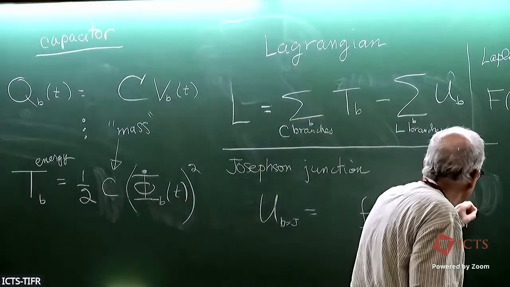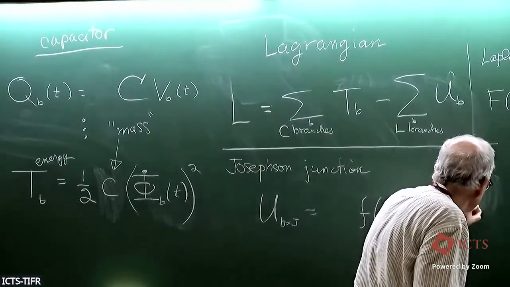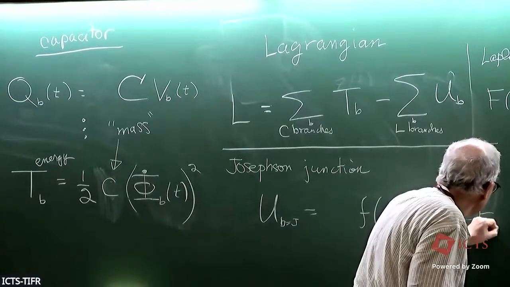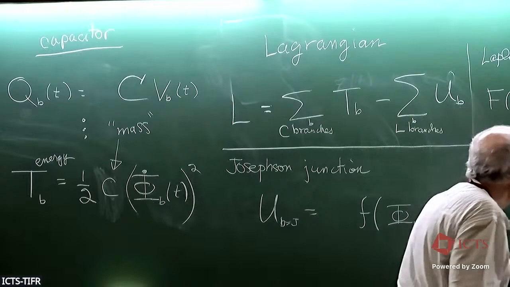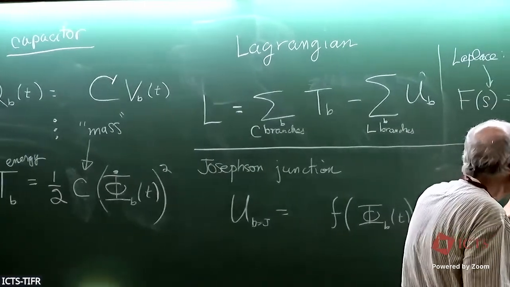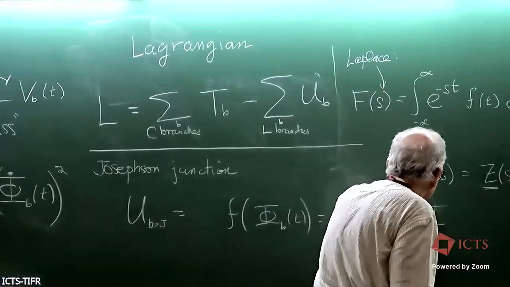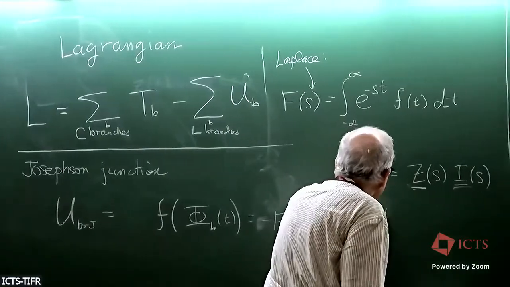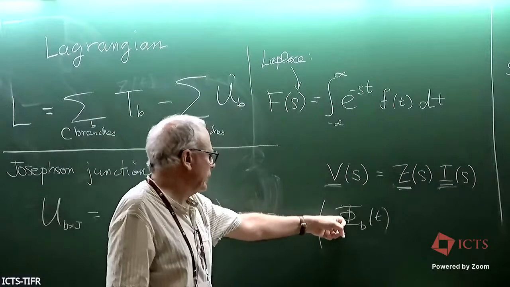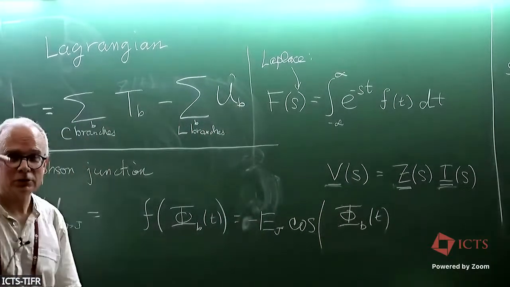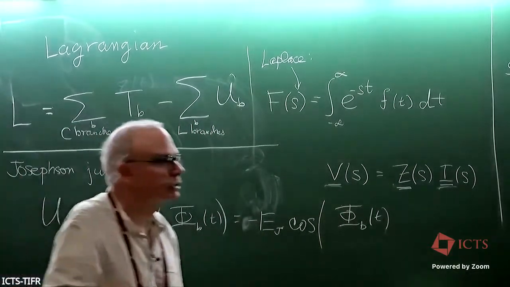So we write it the following: minus E_J, something just to give it the right units, cosine. And now it's a function of phi_B, but I need to put something else in here, because I need to make this dimensionless. So cosine cannot be dimensional.